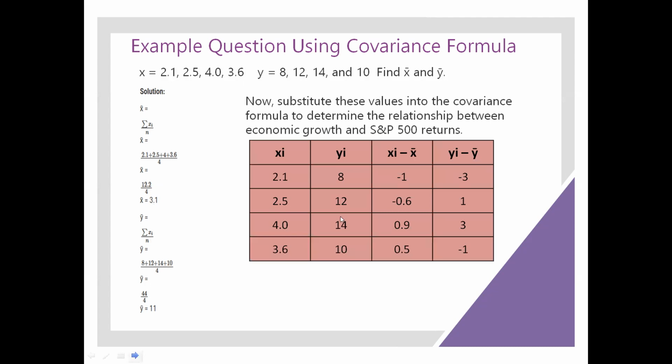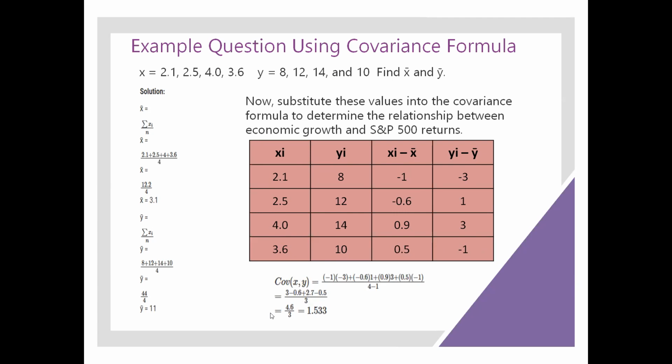Now I'll put all the values in the table. So xi is given, yi is given. Now I have to find the distance from xi to the mean and yi to the mean. So we find xi minus x bar and yi minus y bar. These are the results we got.